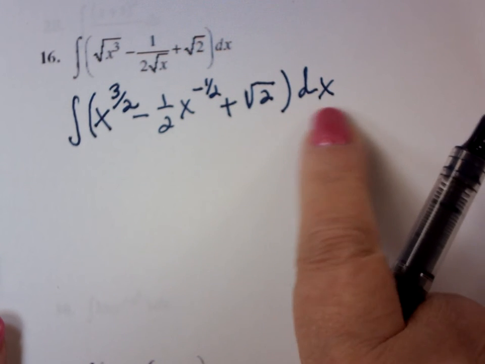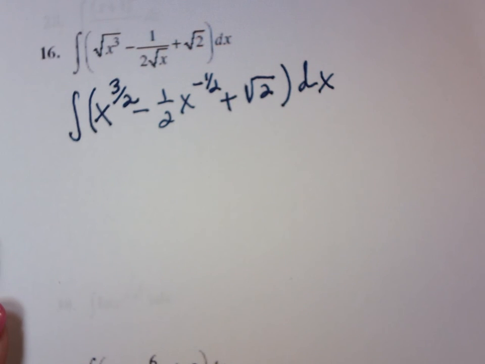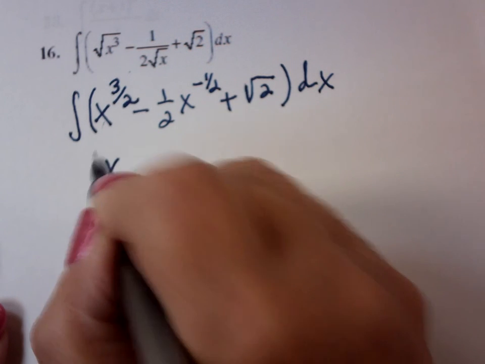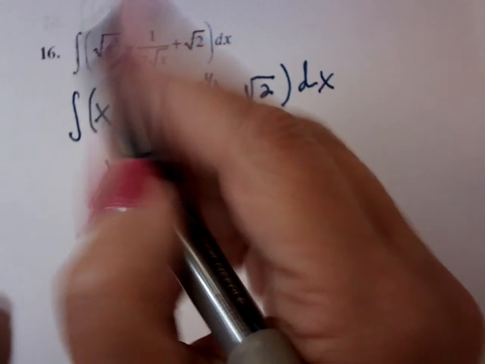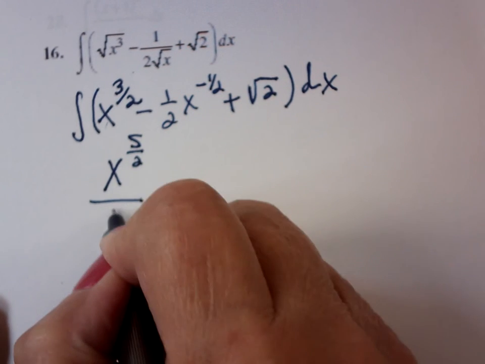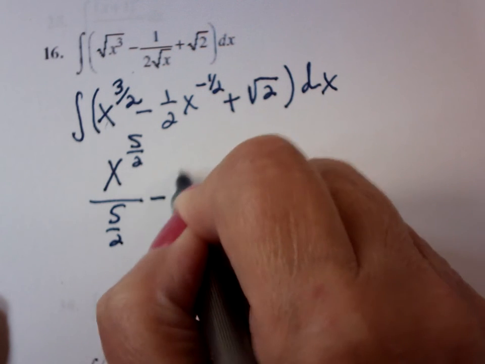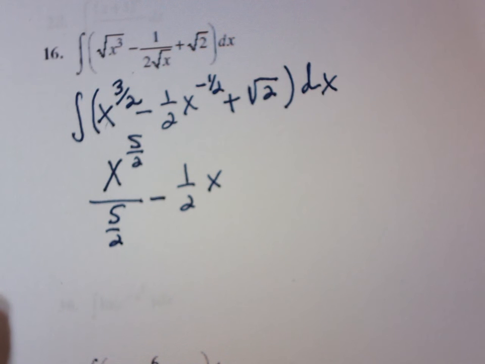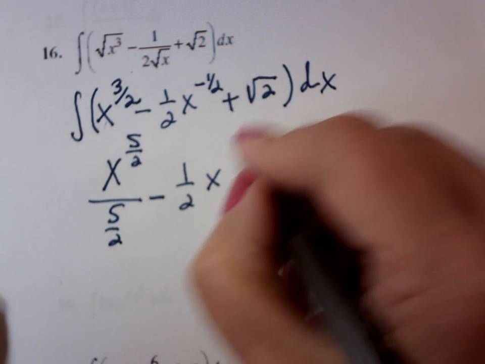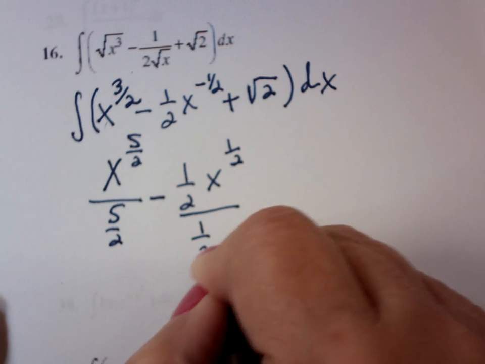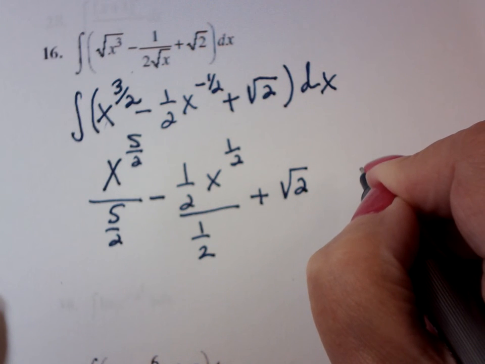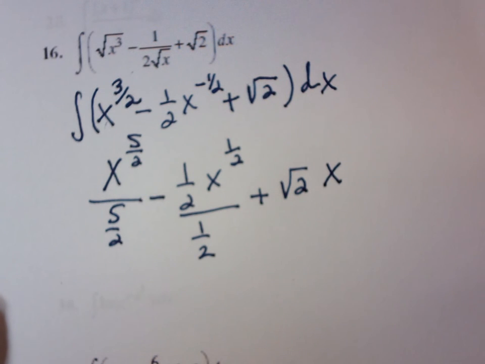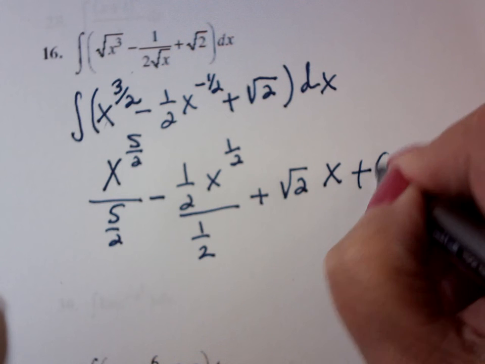The variable of integration is x, so what is the antiderivative of x to the 3/2? x to the 3/2 plus 1, 3/2 plus 2/2 is 5/2, divided by 5/2, minus 1/2 x to the minus 1/2 plus 1 is 1/2, divided by 1/2, plus the square root of 2 times x, because it is a constant, right? Plus c. Thank you very much.